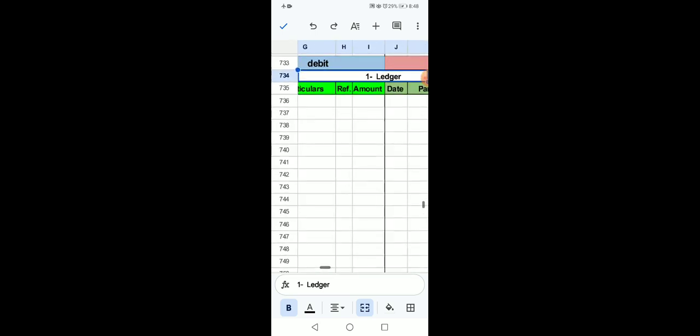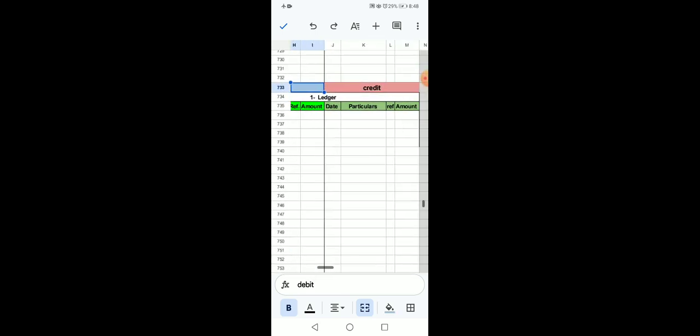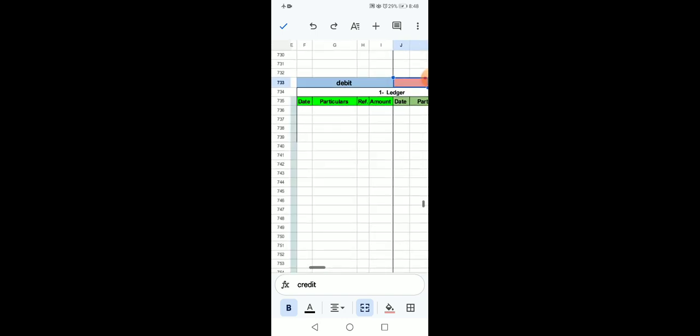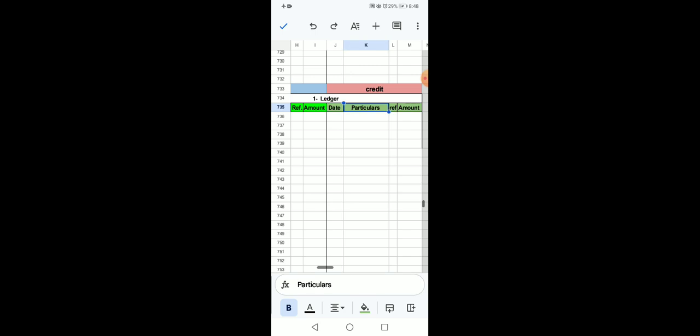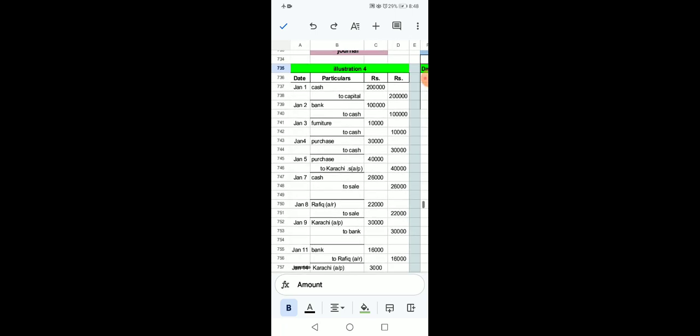Here you have seen how to make the ledgers. We have a debit side and we have a credit side. Both sides have date, particulars and amount. Whenever we are making a ledger, suppose we are making the cash ledger, we will search for cash in all of these journal entries.